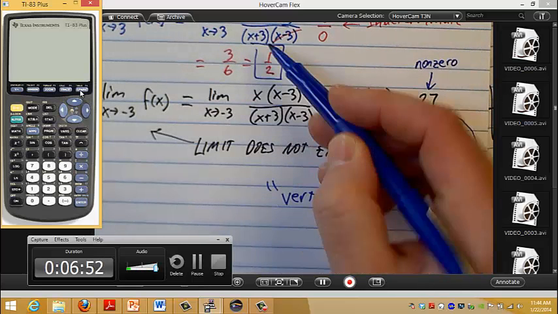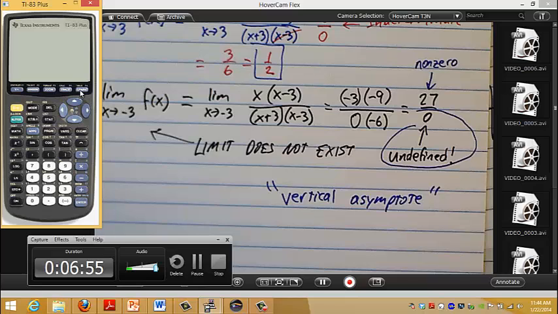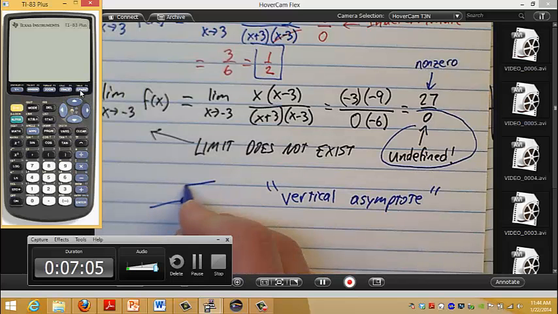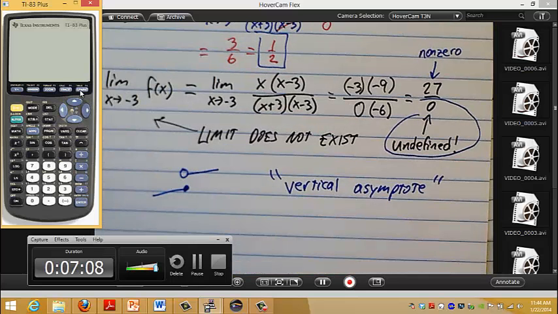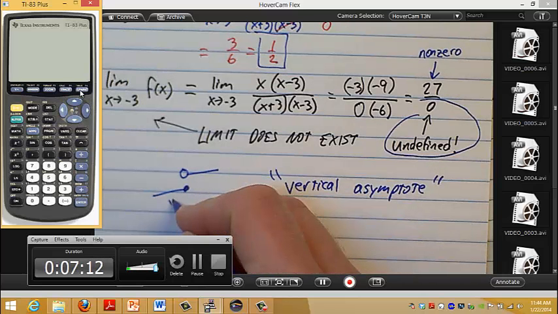Go ahead. Does this mean any time that the limit does not exist that there will be an asymptote then? Or no? No. We saw another example today of the limit not existing that looked like this. Remember? That's not an asymptote. This is what you might call a jump.